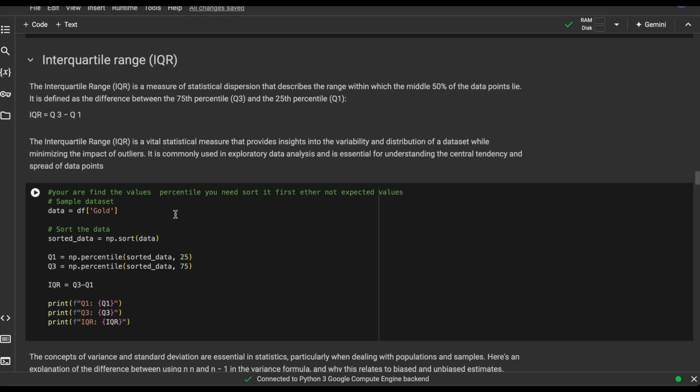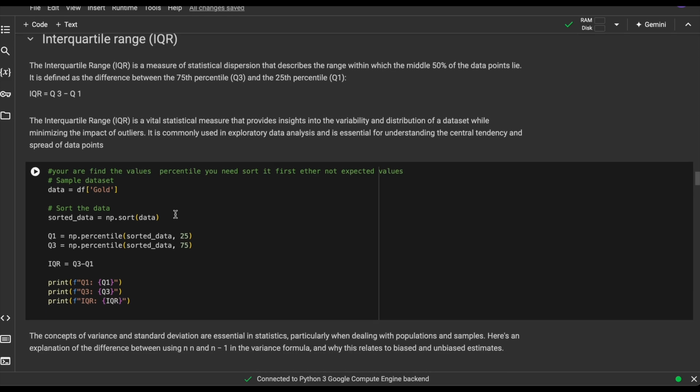It is especially useful for datasets with outliers, as it focuses on the middle spread of the values, making it more resistant to extreme values in comparison to other measures like range. It is robust against outliers because we focus on the middle 50% of the data. IQR ignores the extreme values, making it ideal for datasets that may have outliers, giving insight into the variability.